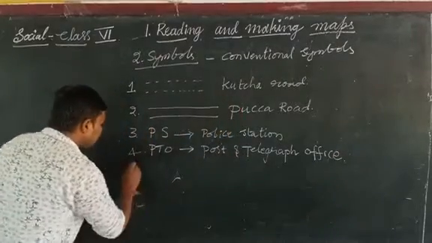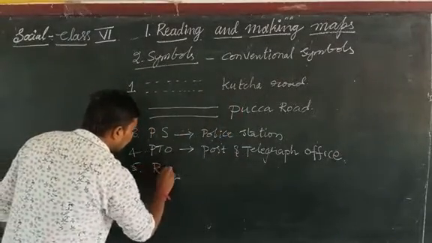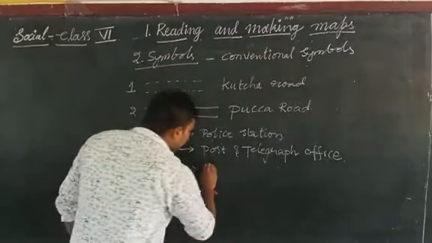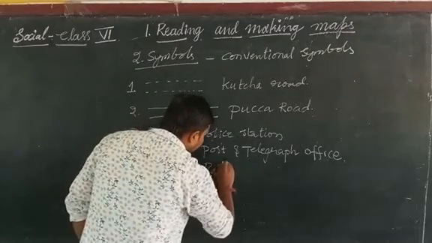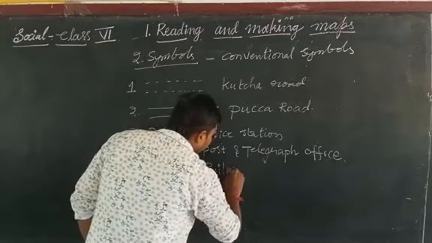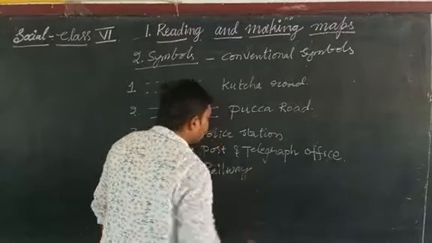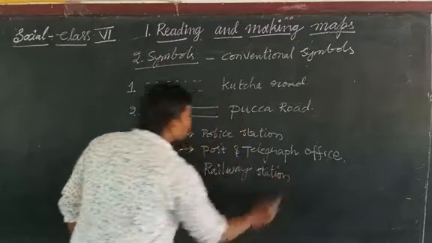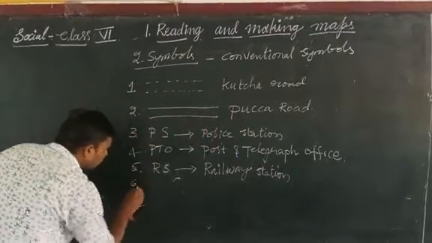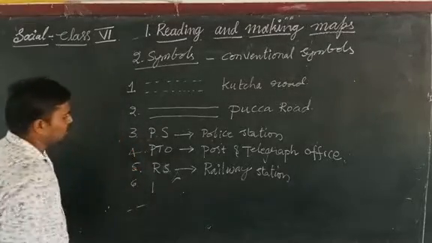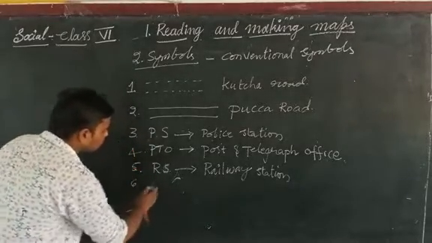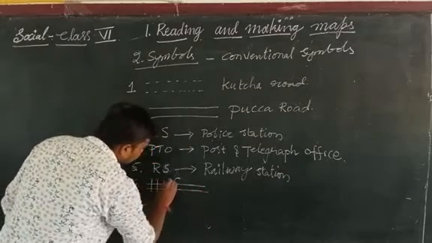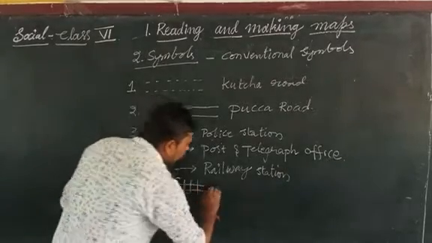If you observe RS in the map, it is showing the position of the railway station. And this is the railway track.